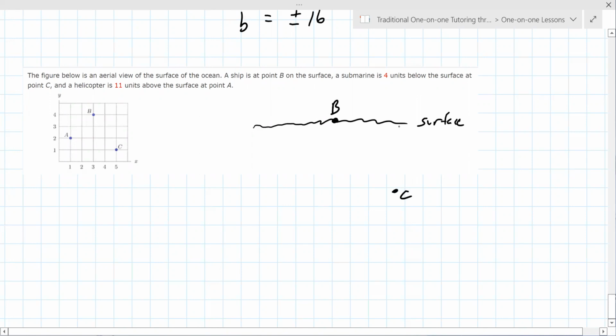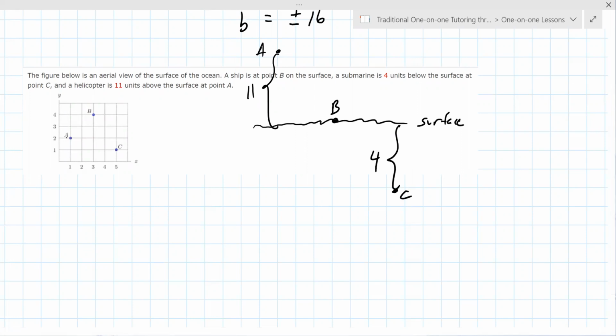It's weird. So this is a distance of 4 below the surface. And a helicopter is 11 units above the surface. So there's A, and that's 11 units above. So A and C are not really there. They're actually up or down from that.